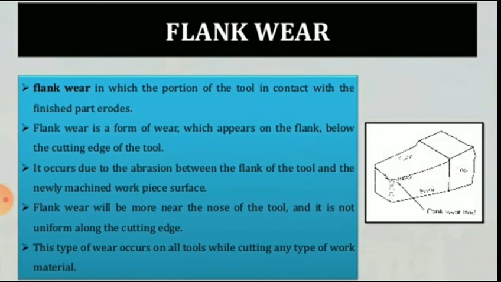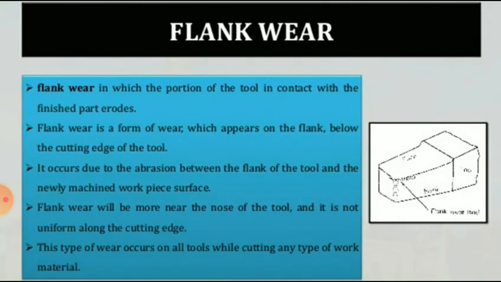First is flank wear. Flank wear takes place on the flanks of the cutting tool. You can see there are two flanks: first the major flank and then the minor flank.